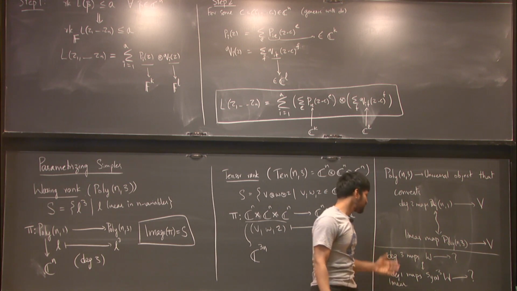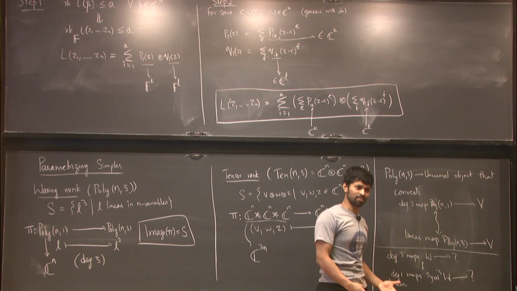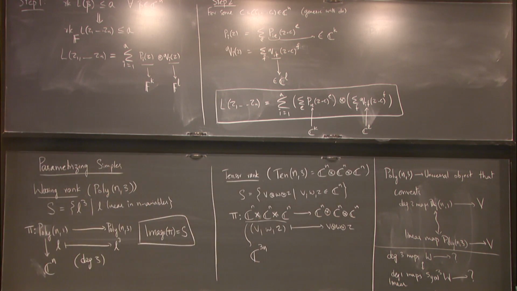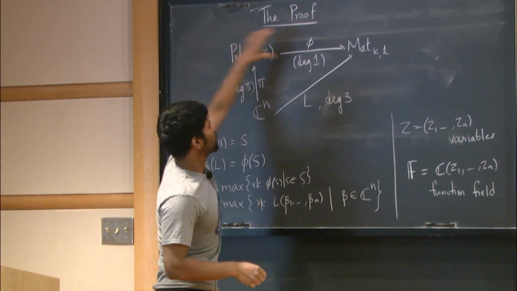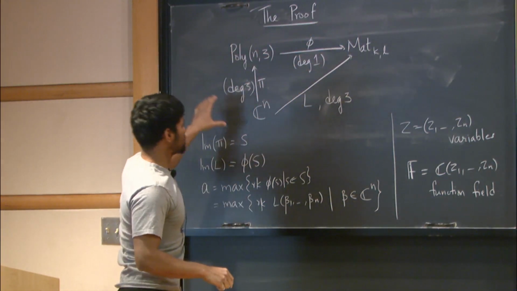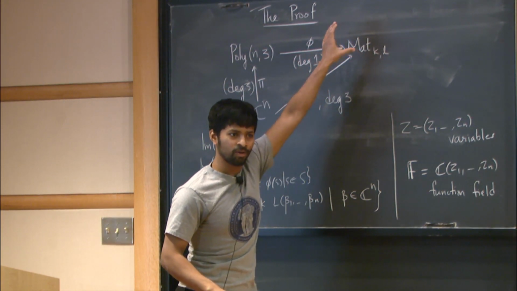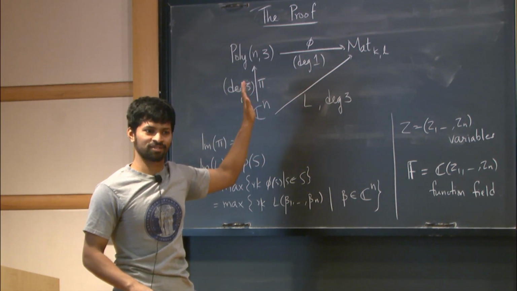So the 3 is far more canonical in this situation than just the parameterization. What it's saying is that linear maps from here are the same as degree 3 maps from here, right? Which means this L contains all the information that phi should have.